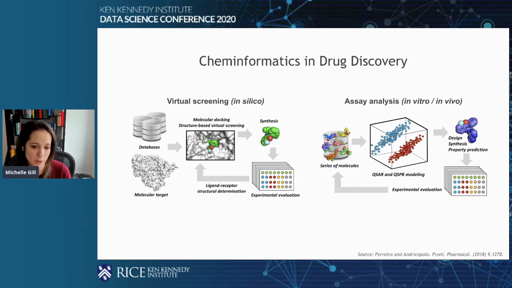Successful predictions, usually as determined by some sort of computational scoring method, are known as hits. So those hits are then prioritized for experimental validation. So compounds can be synthesized and tested in an experimental assay, and the process can be repeated many times. Cheminformatics is also used, however, for the evaluation of in vitro and in vivo experimental results.